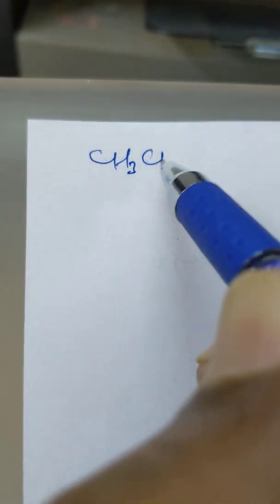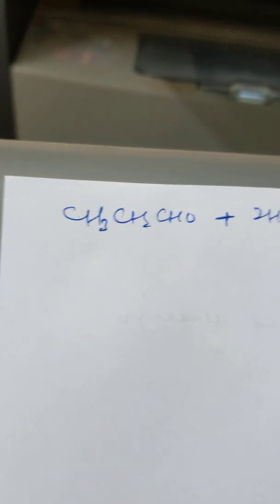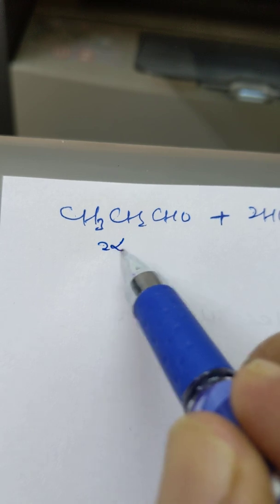Now you try its answer. Look, I am telling you. Say if we have CH3CH2CH, and it is treated with formaldehyde. Now what you will see, first we have these two alpha hydrogen atoms.